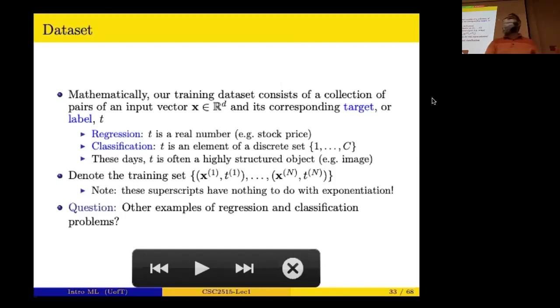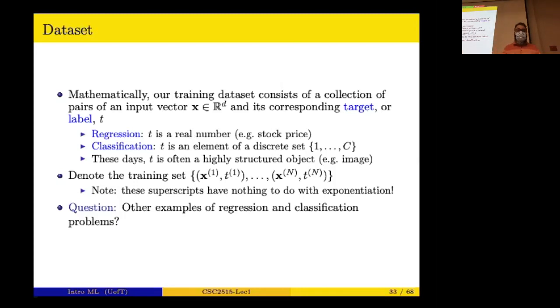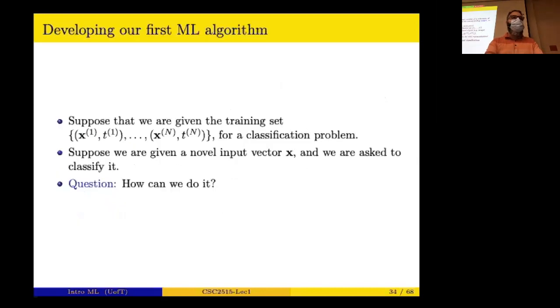So this is good. You have a lot of examples. Think about it, and actually I'm going to probably ask you to think more about it later as a part of exercises. So let's develop our first machine learning algorithm. Suppose that we are given a training set in the form of x1, t1, through xn, tn for a classification problem, which means that t's are discrete values like 1, 2, 3, 4.